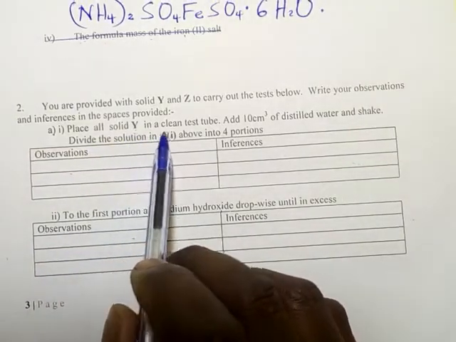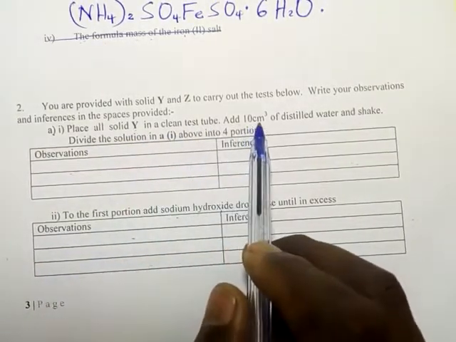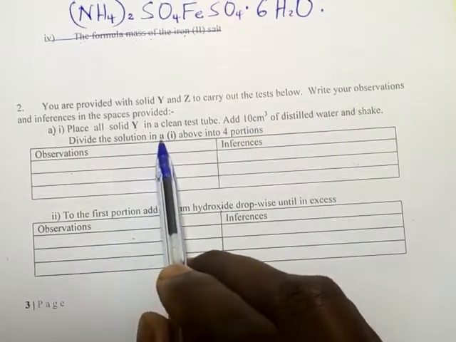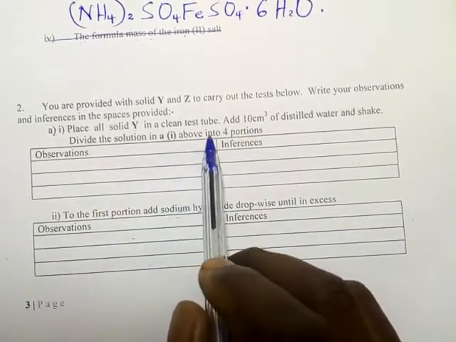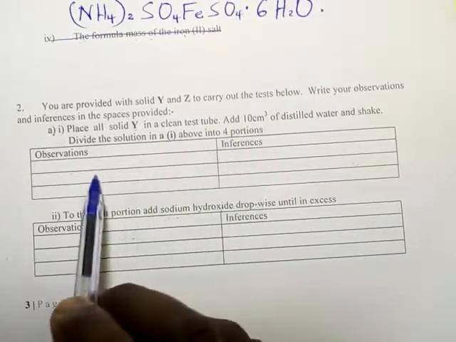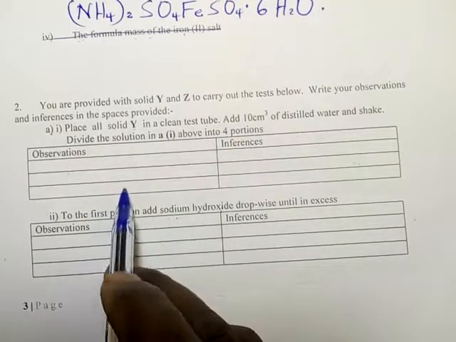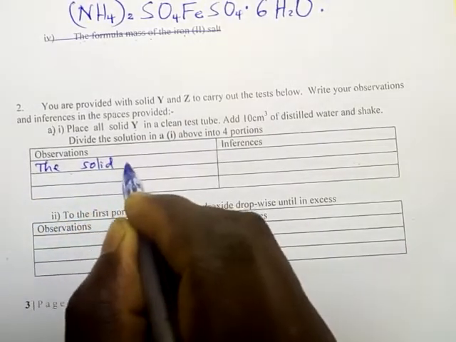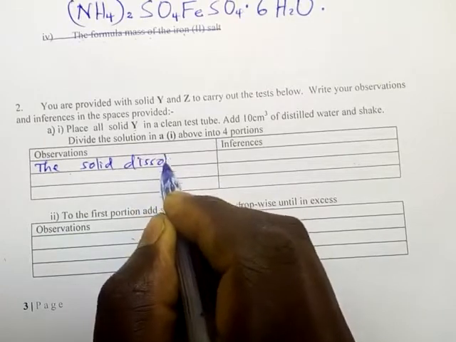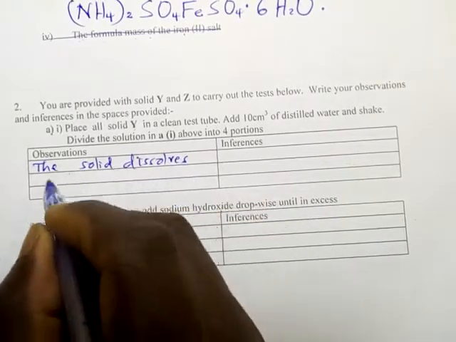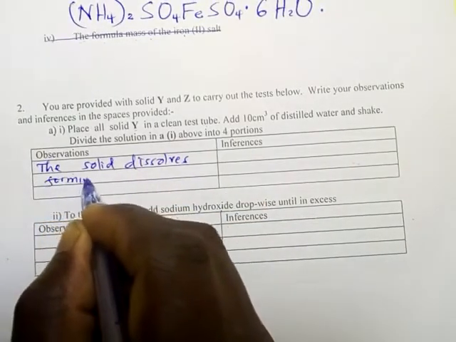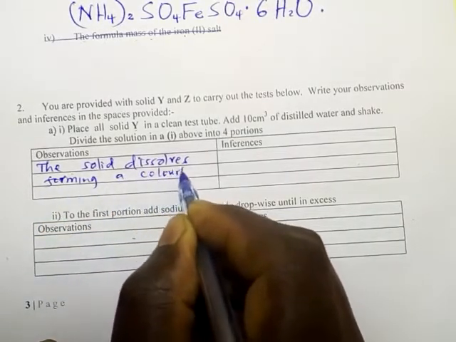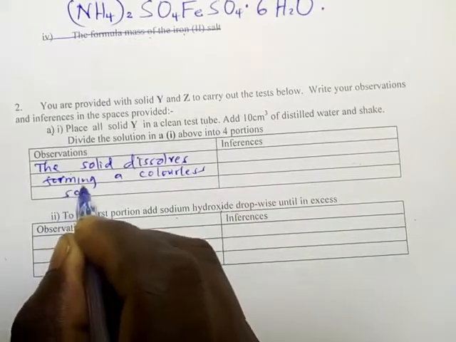Place solid Y in a clean test tube, add 10 cm cubed of distilled water and shake. Divide the solution in A1 above into 4 portions. So we want to see, did solid Y dissolve? Yes. The solid dissolves forming a colorless solution.